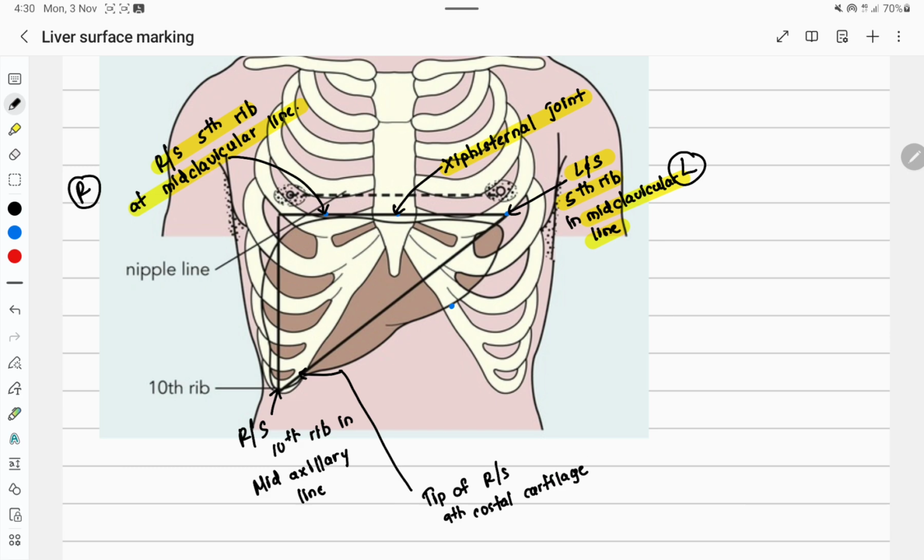Then thirdly, you have the transpyloric plane in the median plane, about in this area. And then the fourth point corresponds to the tip of the left 8th costal cartilage at the left costal margin.